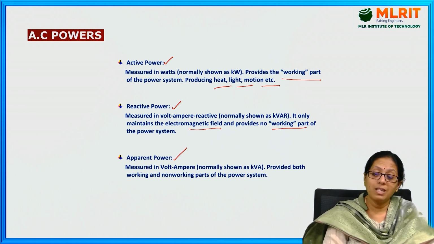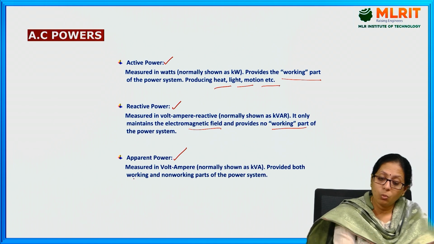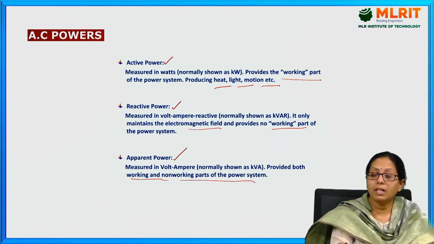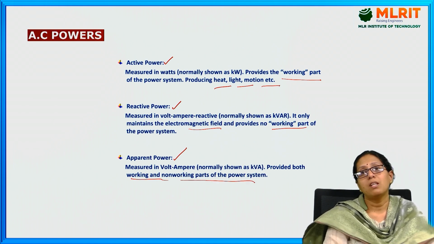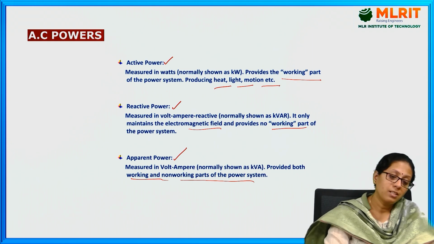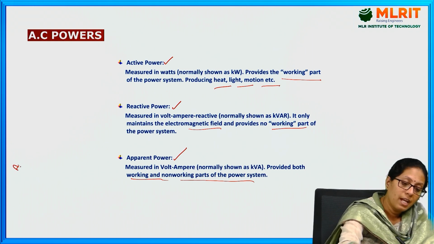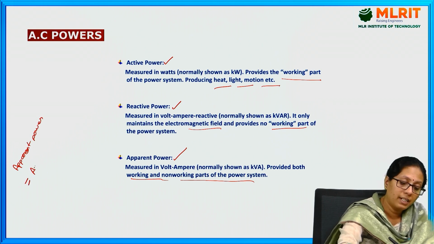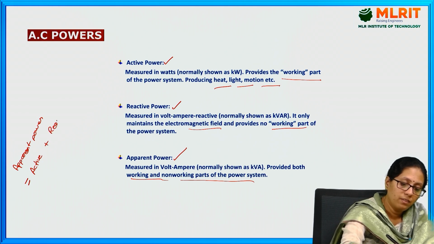Apparent power provides both working as well as non-working parts of the power system. That means apparent power is equal to active plus reactive power.